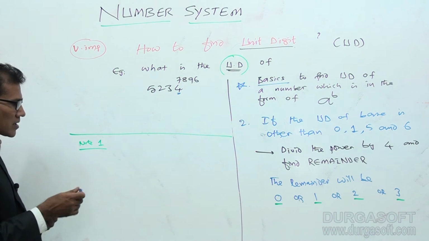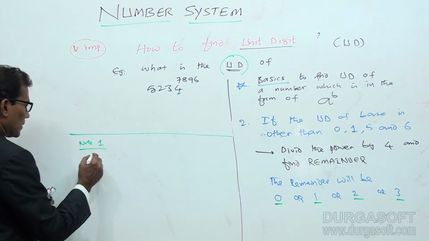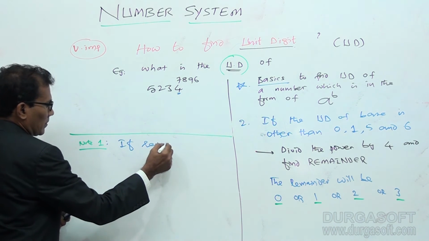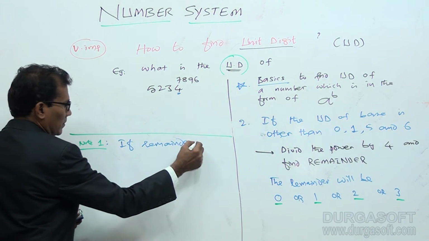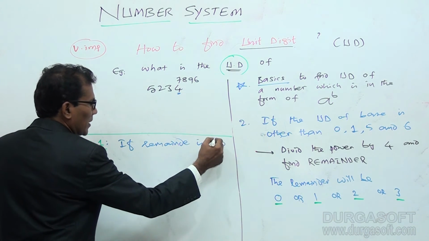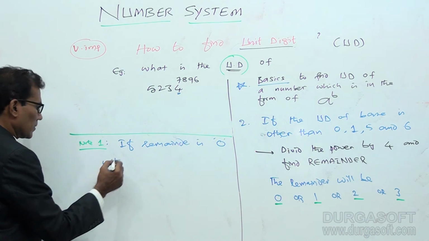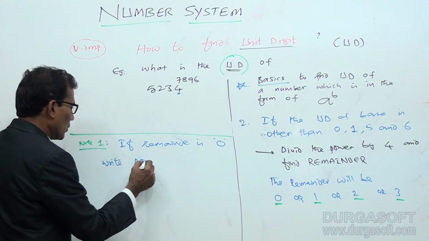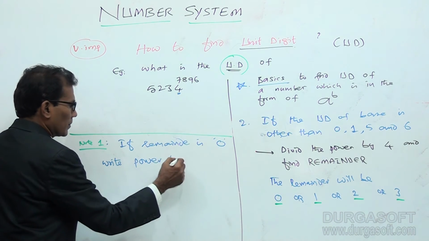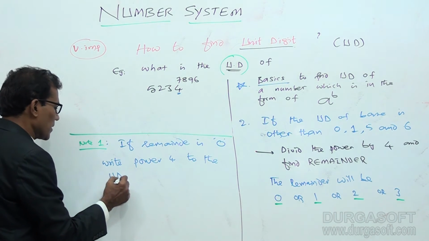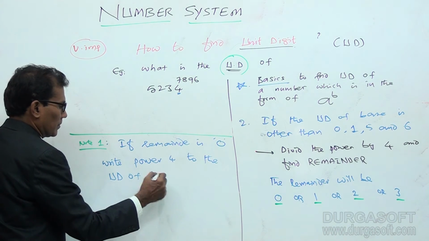If the remainder is 0, just write power 4 to the unit digit of the base.